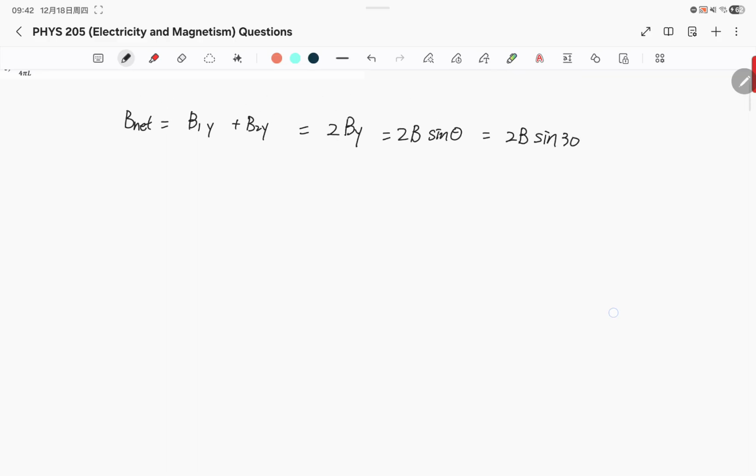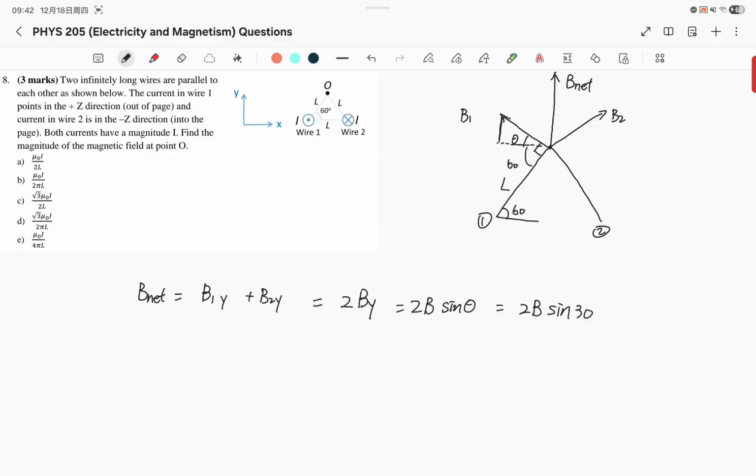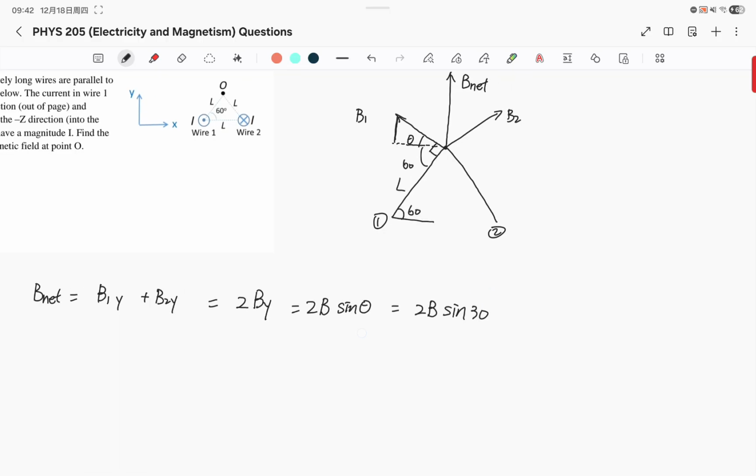And now we need to figure out what B is. We need to find an expression or formula that tells us what B is. Since this is an infinitely long wire, we're going to use the infinite wire equation, where B is equal to, I'm going to write on the side, mu naught I over 2 pi a.